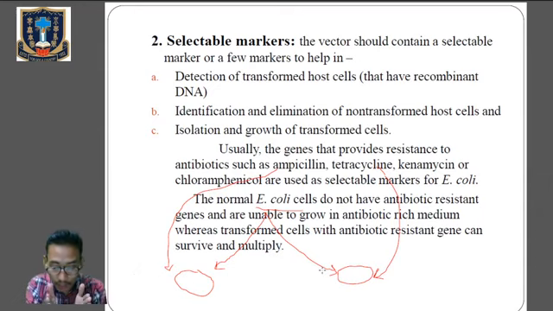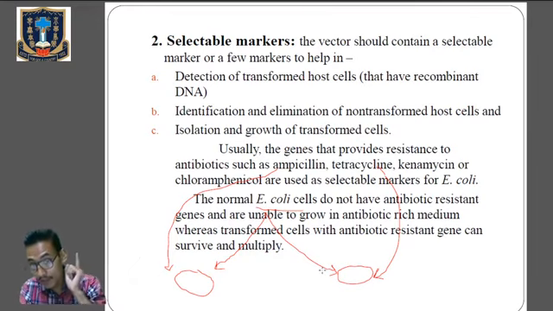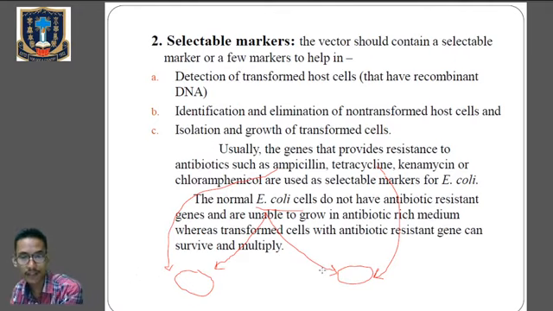If you insert the foreign DNA having the antibiotic resistant gene into the E. coli cells, for example, let's say we are putting the ampicillin resistant gene into the E. coli cell now.